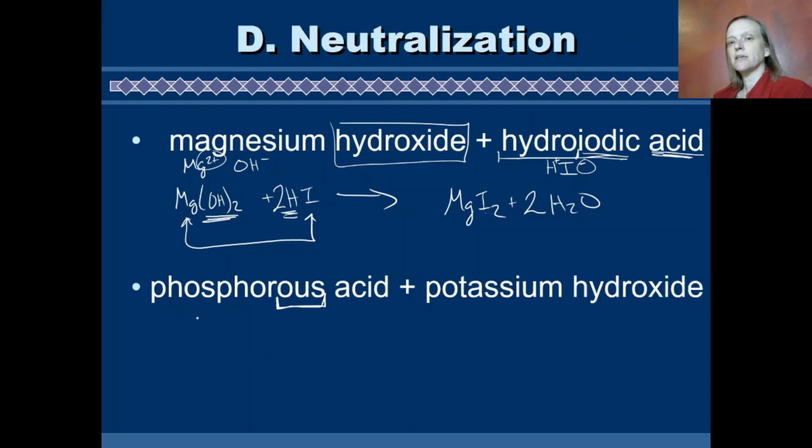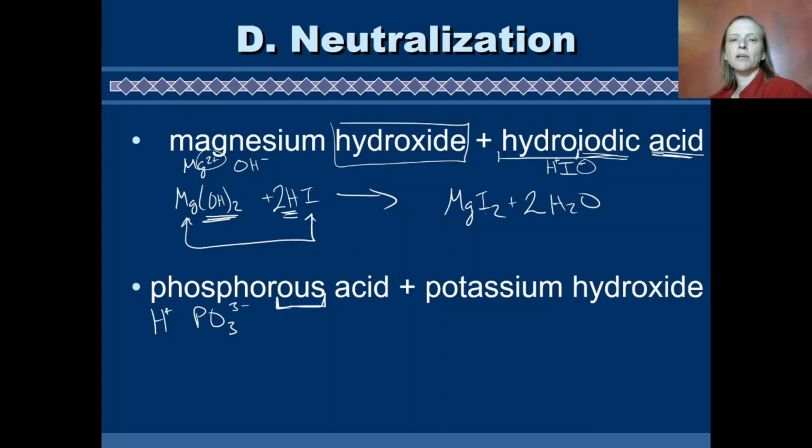So phosphorous, that ous ending means that it was an ite, phosphite ion, not phosphate, phosphite. So I look on the back of my periodic table and I see that that's PO3 with a charge of -3. But this is an acid, so it must be with hydrogens.